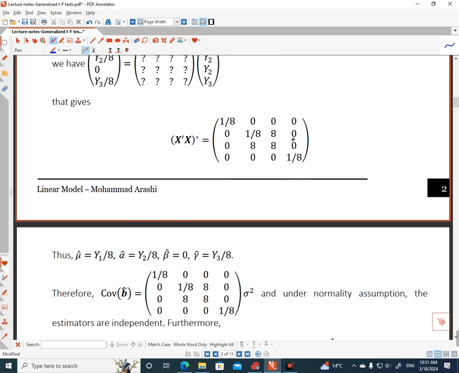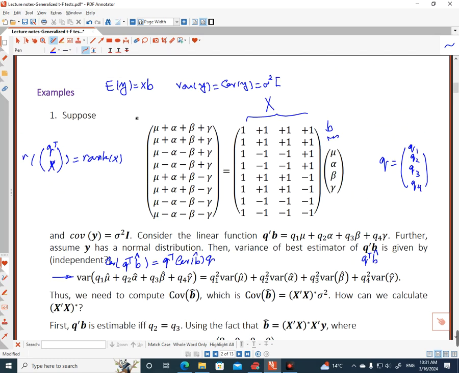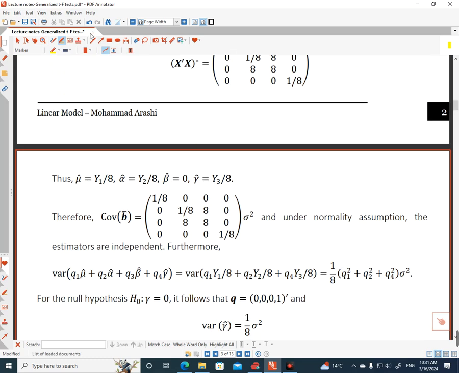Now we have the generalized inverse, and you see if we assume the normality assumption, then since the covariances of off diagonals, or better said, the elements of off diagonal are 0, we can find that the estimators are independent. So you can come back to this formula and accept this equality. Let me just highlight it. Now, specifically, the covariance of b hat is then given by x prime x generalized inverse sigma square.